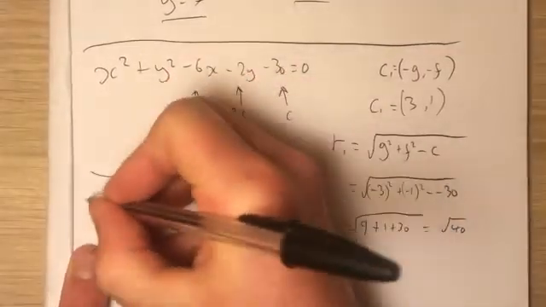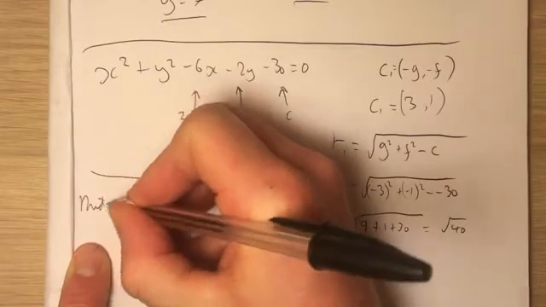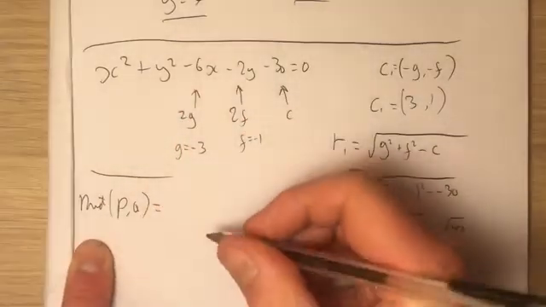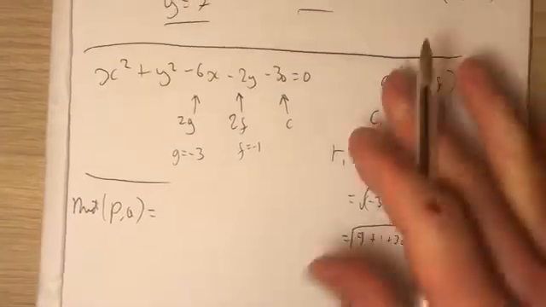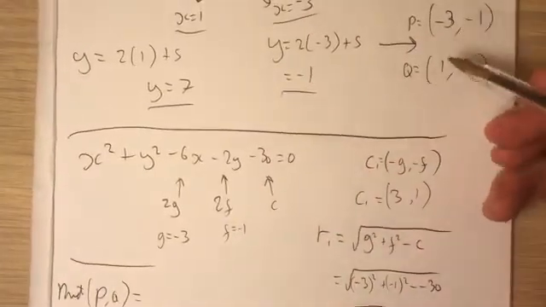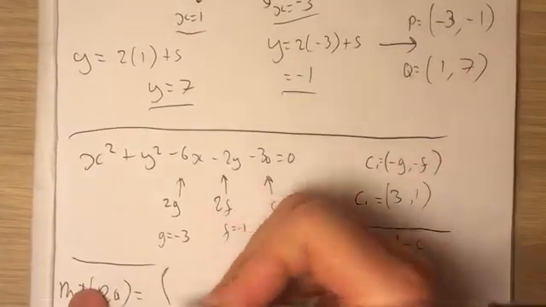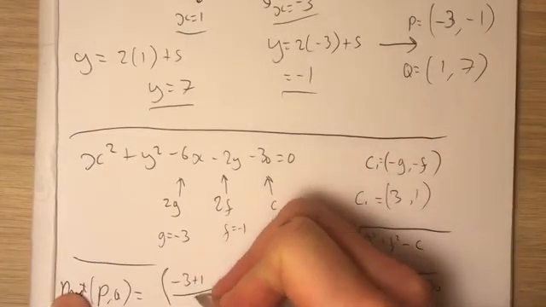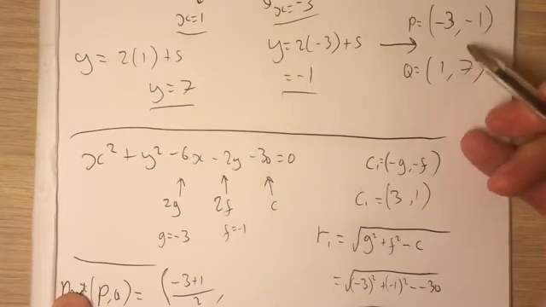So let's do it here. Mid of P and Q. How do I do it? Well, I know the coordinates. They are just here. I take the average of the x coordinates. So that's minus 3 plus 1 over 2. Take the average of the y coordinates.